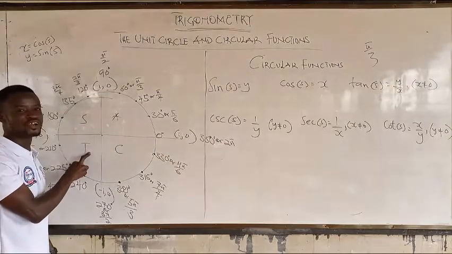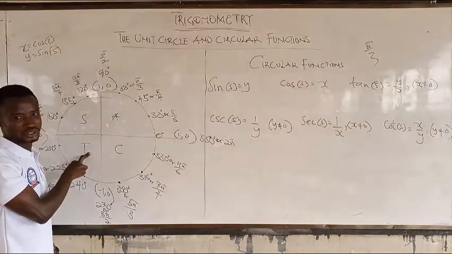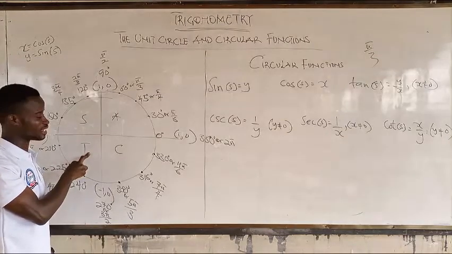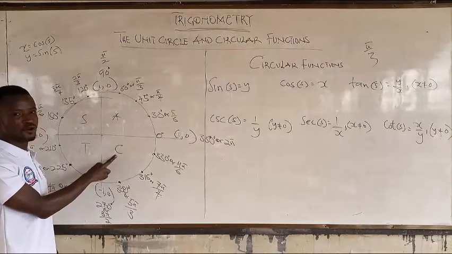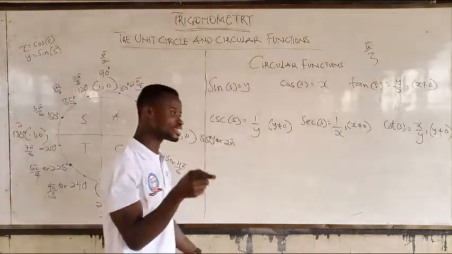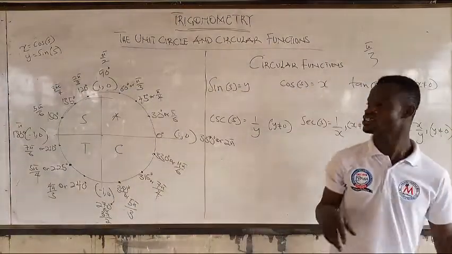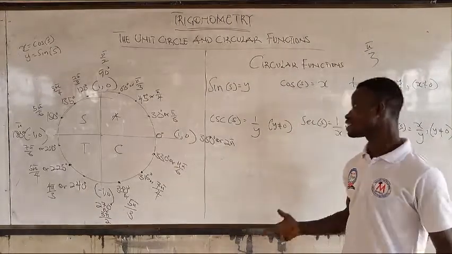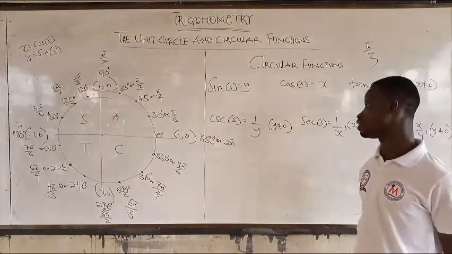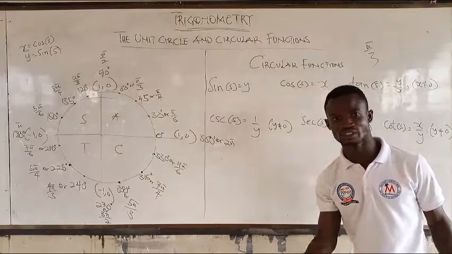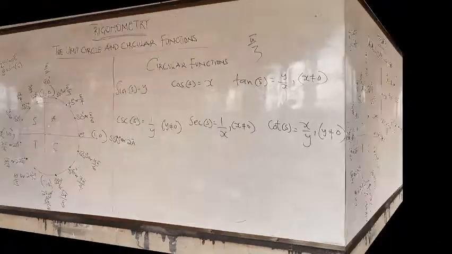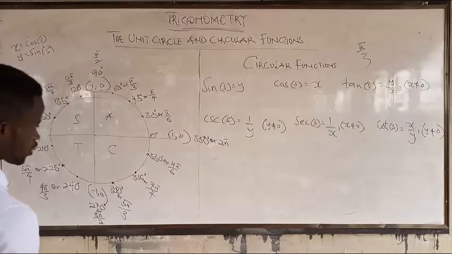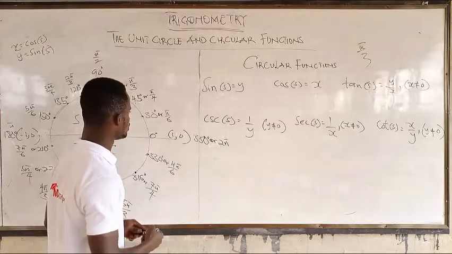And for the third quadrant, only tan and cot, that is the reciprocal of tan, is going to give you positive. And for the fourth quadrant, only cos and its reciprocal sec is going to give you positive there. The rest is just a computation, alright? So it's not anything difficult. So take your calculators and let's move on.